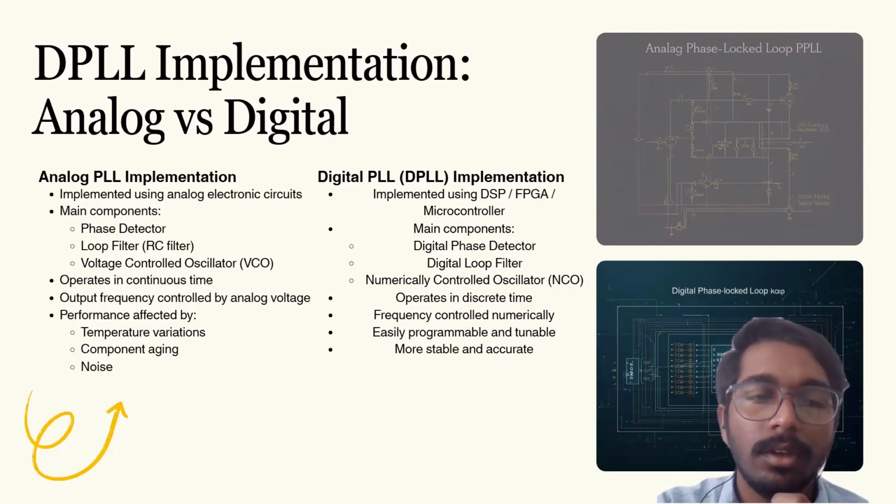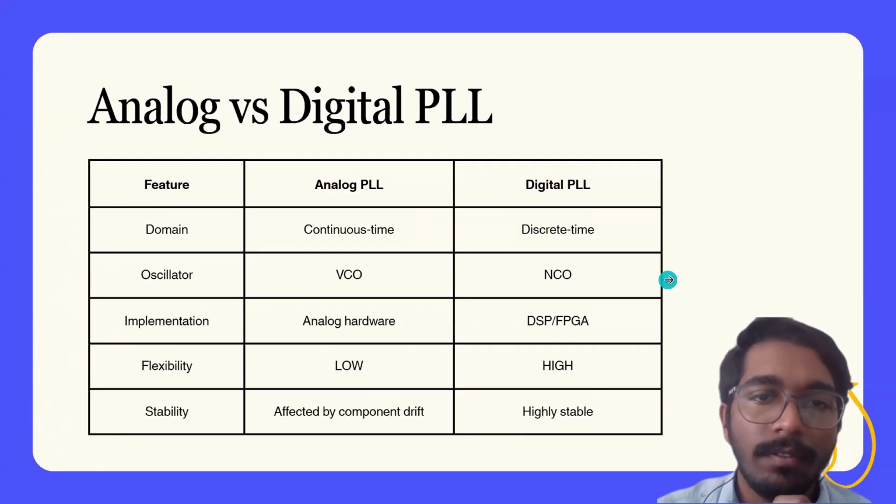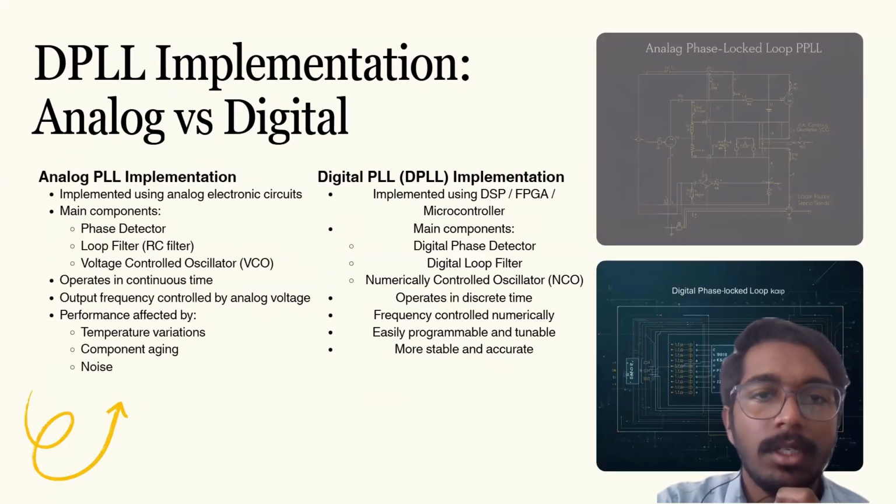The major advantage of digital PLLs is flexibility. Parameters like loop gain, bandwidth, and filter coefficients can be modified through software without changing hardware. Because of their high stability, programmability, and precision, digital PLLs are preferred in modern digital communication systems.